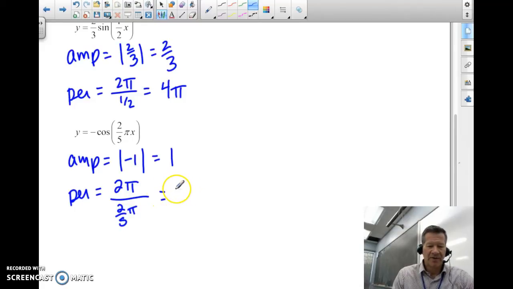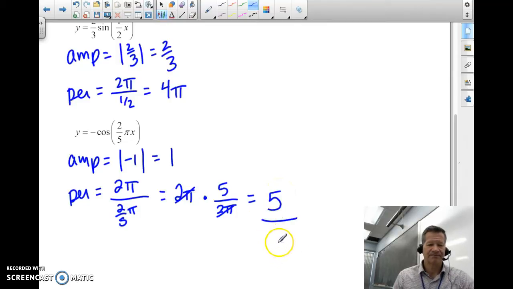Now, remember, when we're dividing fractions, we can multiply by the reciprocal. So instead of dividing by 2 pi over 5, you can multiply by 5 over 2 pi. Dividing the 2 pi's first gives us 1, and so the period is 5 in that case.